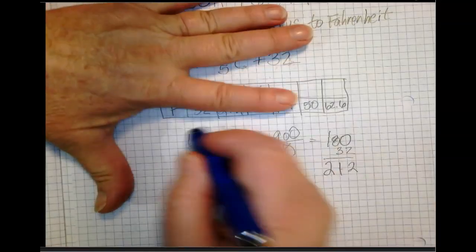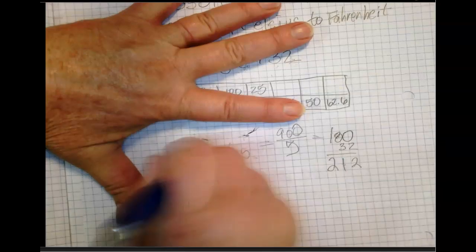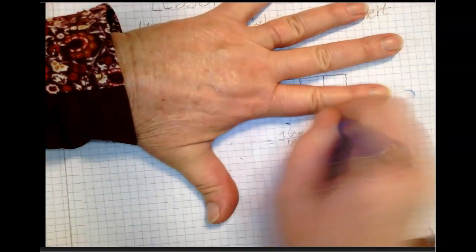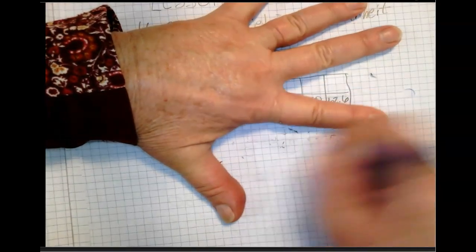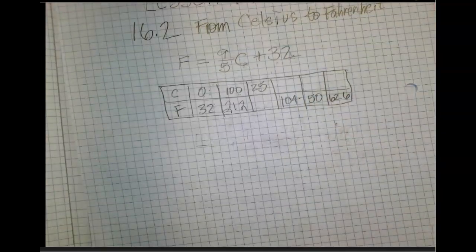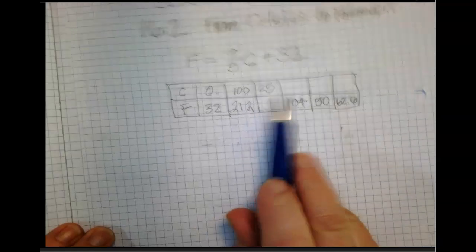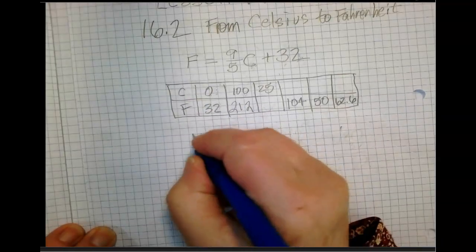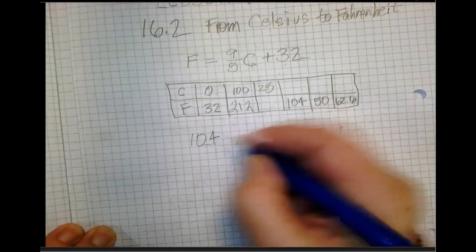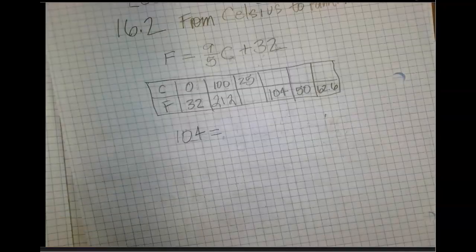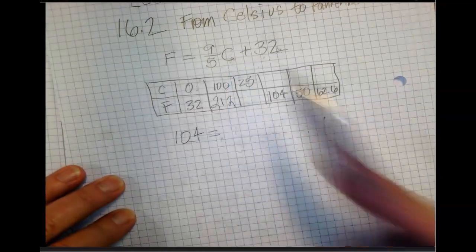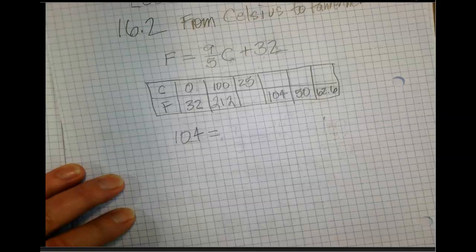So I'm going to erase this real quick. Okay, so I'm going to take 104, I'm going to write it in place of F, and then how I'm going to solve for C is I have to get C all by itself.